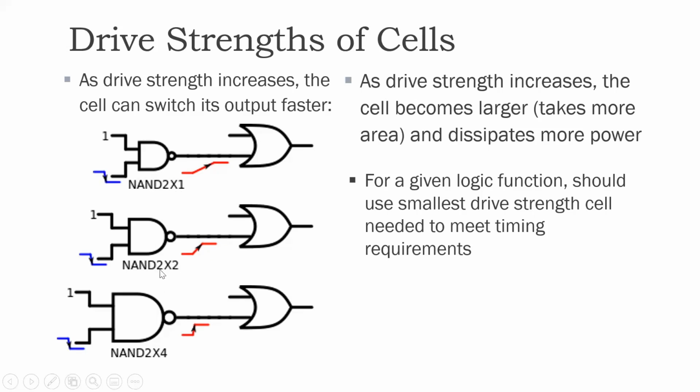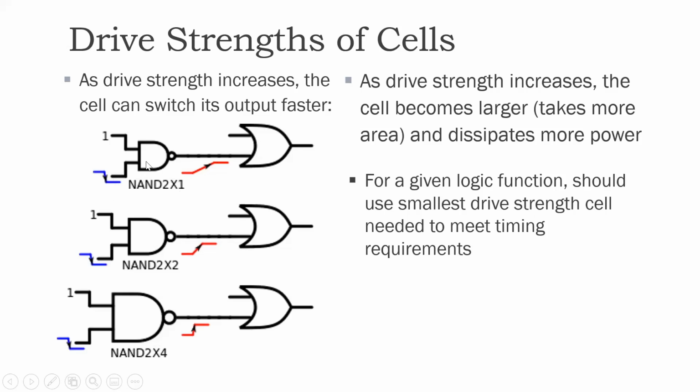Then I have a NAND 2 of drive strength X2 and a NAND 2 of drive strength X4. So 3 different drive strengths, increasing. All these 3 NAND gates are driving the same OR gate, and let's assume the wire connecting the output of the NAND gate to the input of the OR gate is the same length. So you can imagine that all these 3 NAND gates are driving the same capacitive load.